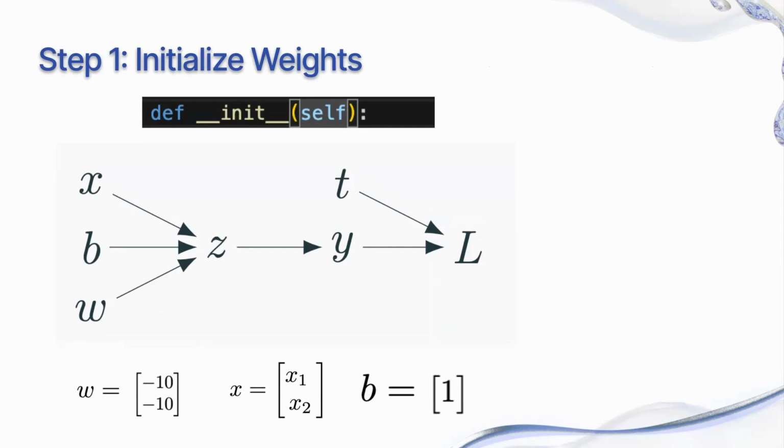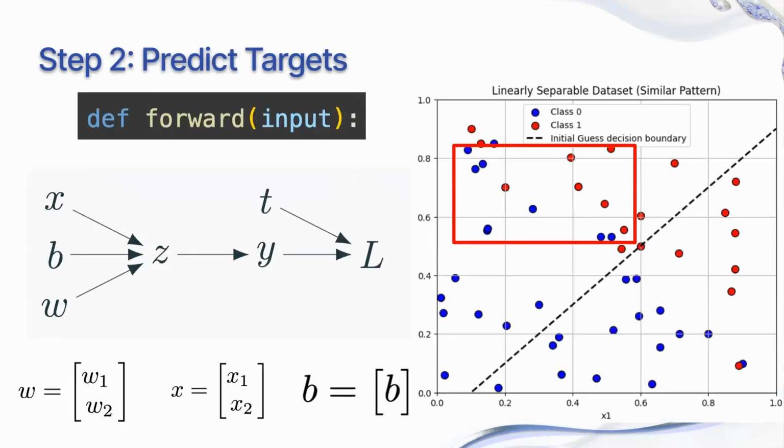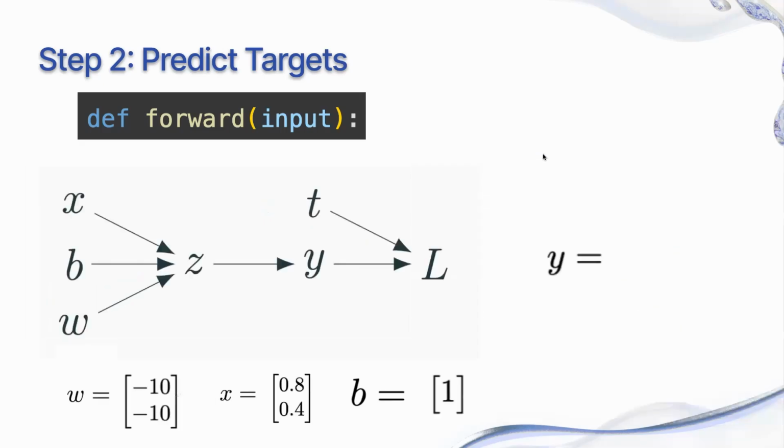And then after you initialize your weights, you want to see how much loss that is. That would be with your forward function, where you take your training data and input it into your model. In our instance, I'm going to take this single red dot, which has an x1 value of 0.4 and an x2 value of 0.8.